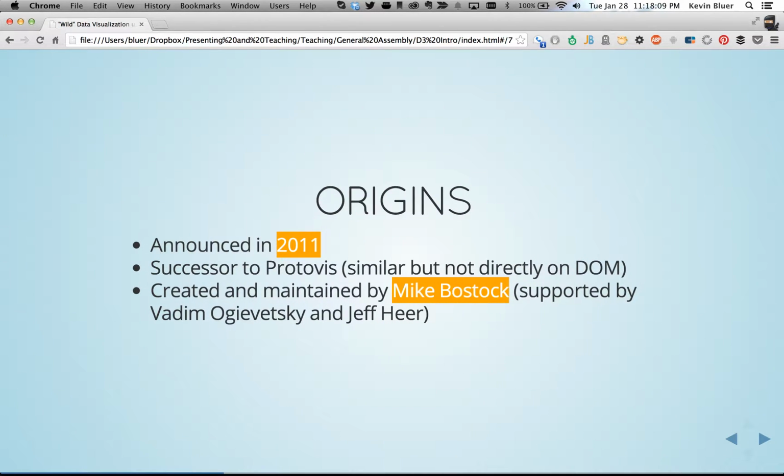Its origins: it came into being in 2011, and it was the logical successor to ProtoViz, which was another visualization framework created by the same guy or his team, which was similar but didn't allow you to directly work with the DOM, which is something we'll explore in a moment for those of you who know some web stuff already.